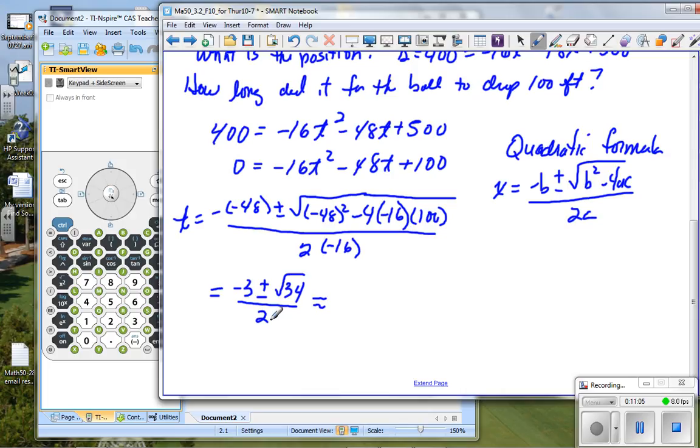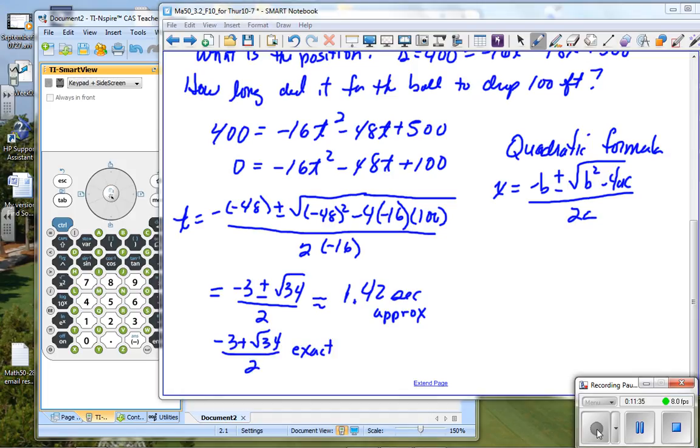I don't think they've perfected yet going back in time, so we'll just pick up the positive of that and have it come out to be 1.42 seconds. Now, this is an approximate, and when we use this in our next calculation, we're going to want to use the exact, and so the exact would be negative 3 plus the square root of 34 divided by 2. So keep that in mind.